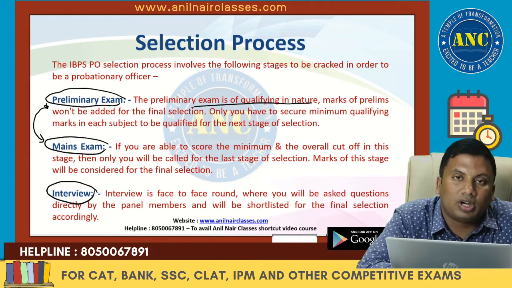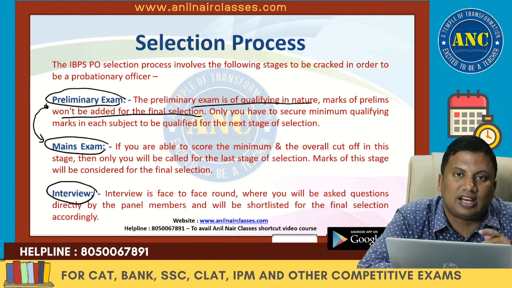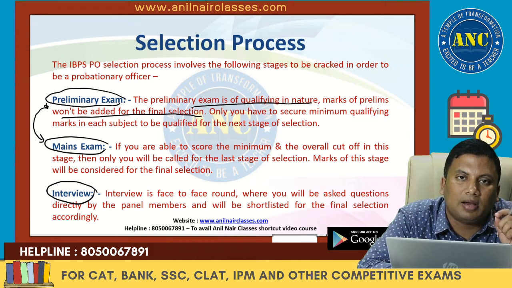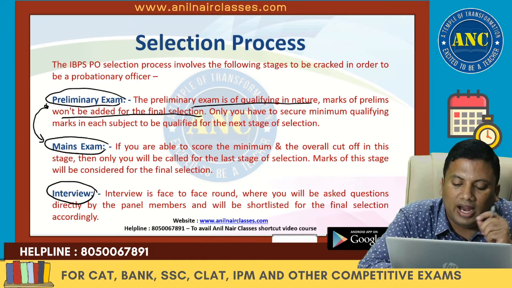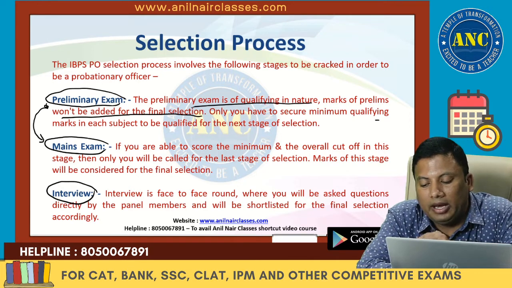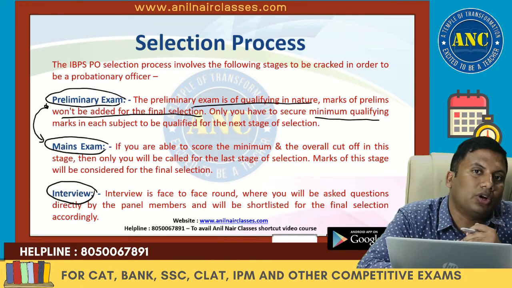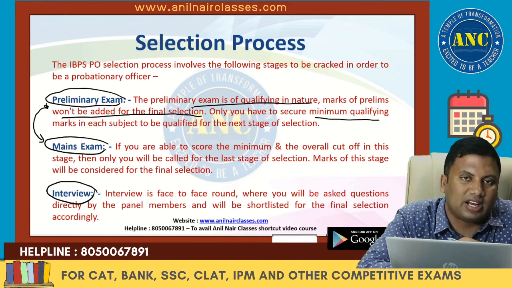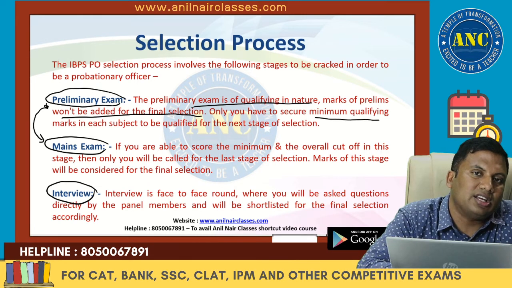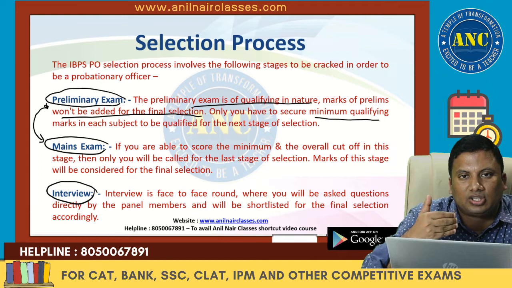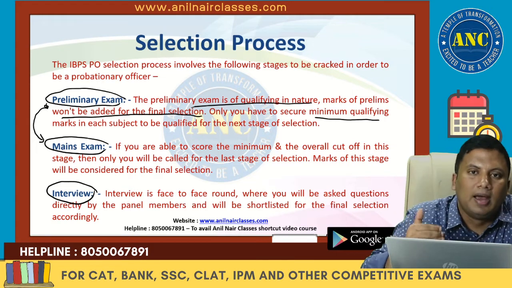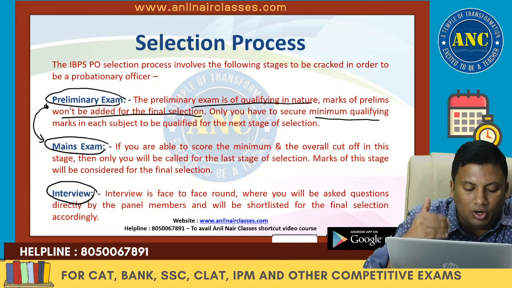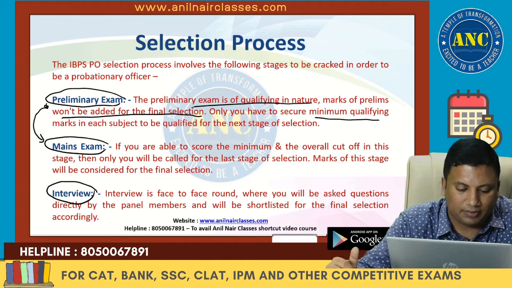Preliminary examination score will not be added for the final selection. You have to get the minimum qualifying score to get into the next stage, which is the mains examination. Only students who qualify in the preliminary examination can write the main examination.